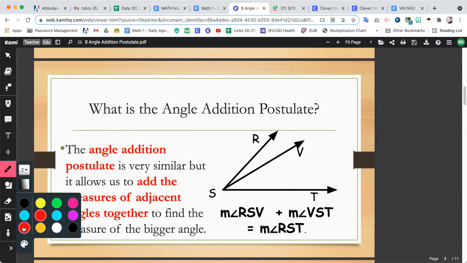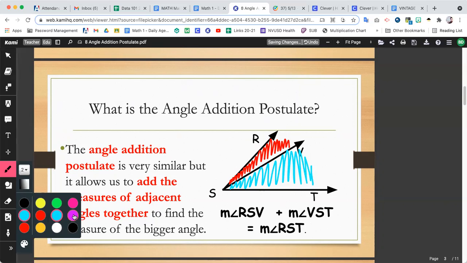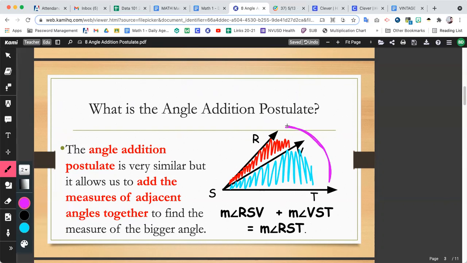If I did RSV, we're going to say is here. I'll put that in red. So RSV, you guys can all see those letters. And then I took VST, which is this angle right here. If I add those together, then it would make the entire angle from R to S to T. That's all it's saying.